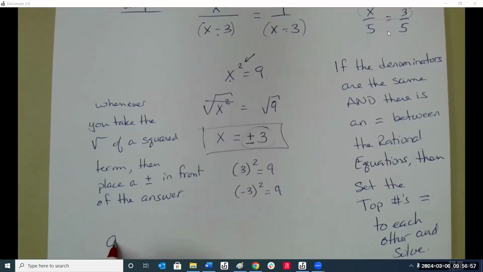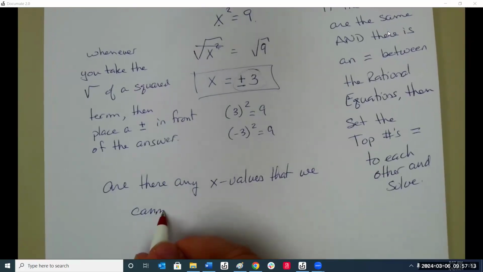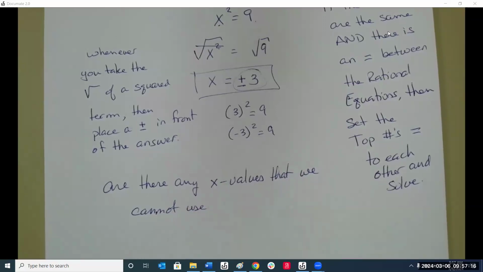So are there any x values that we cannot use? In other words, what's the only thing you cannot have in a fraction? Right. You cannot have a zero on the bottom.